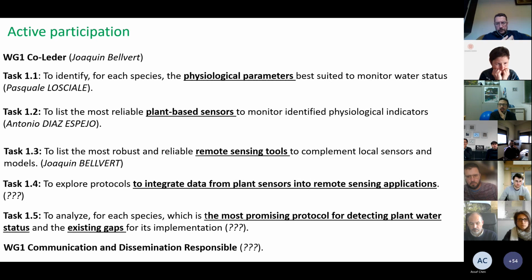So if anybody is available or wants to volunteer to lead this task, please let me know your availability, as well as for the task 1.5 about the protocols. I left these 2 tasks empty just because they will start late, and so we have more time to decide the leadership of this task.